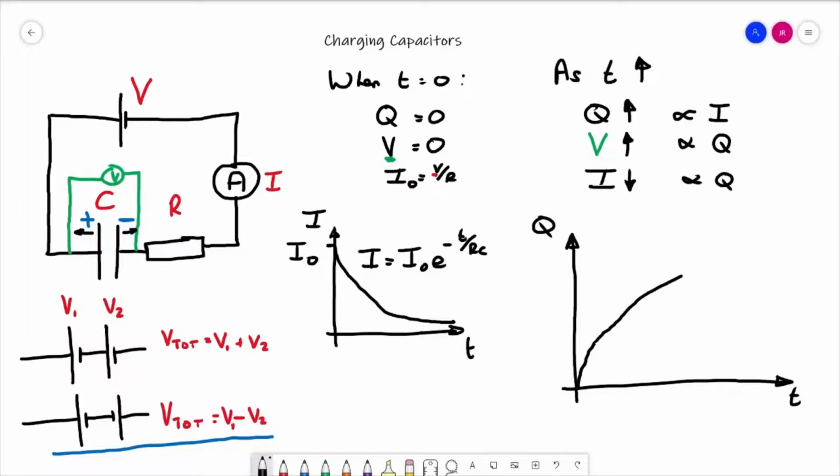It is going to look something like that, where it increases quite quickly at first, but then eventually reaches that point there, which will be Q, we'll call that Q max, for the maximum charge that we're going to be able to store on the capacitor. Now, we can do exactly the same with potential difference as well, and it will be the same shape of graph.